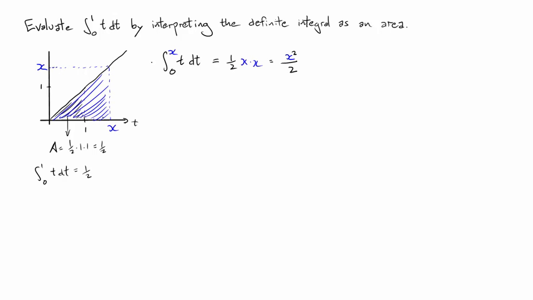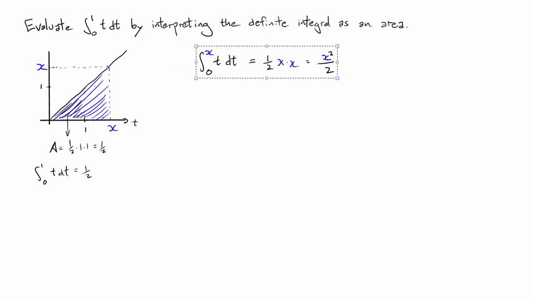Now things get really interesting if, let me just move this over here a second, we give this thing a name. Look at this over here, x squared over 2. That's an expression involving x. I'm thinking of x as a variable, and so I can call this a new function g. G of x is the area under the curve from 0 to x.